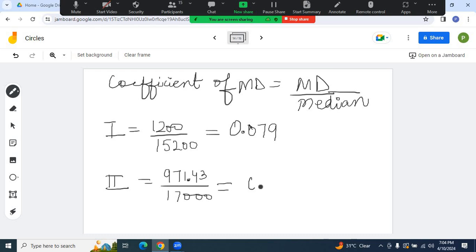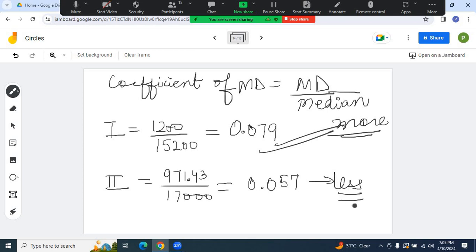It will be 0.057. So we can clearly see that in first income group variation is more, and in second income group variation is less. Variation means deviation is less. This is the observation. You can have a look, and if you want to ask anything, you may.